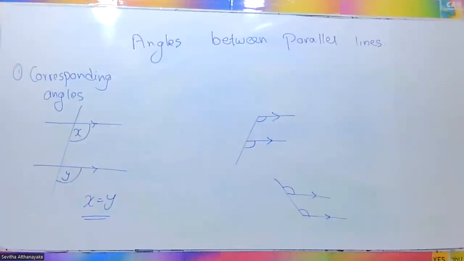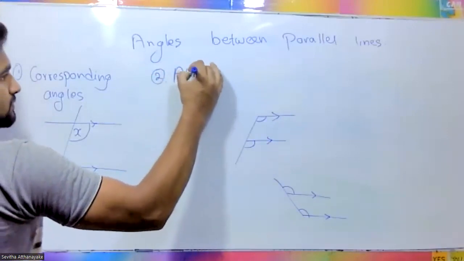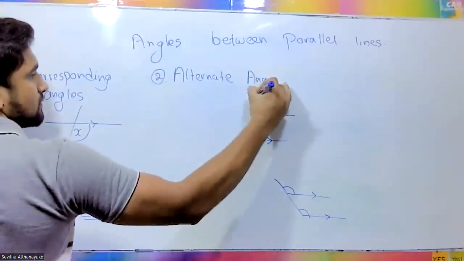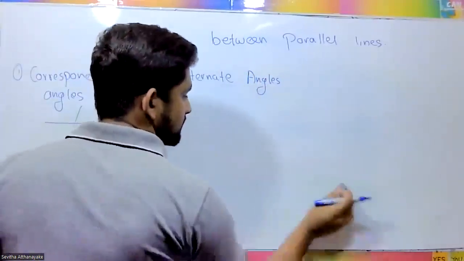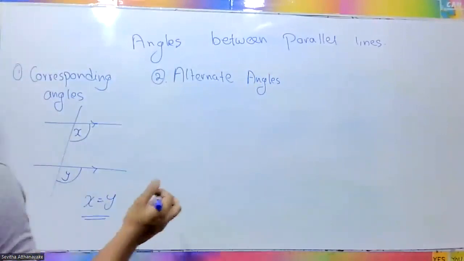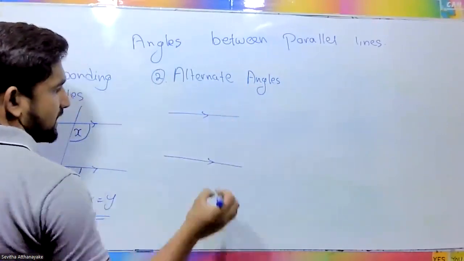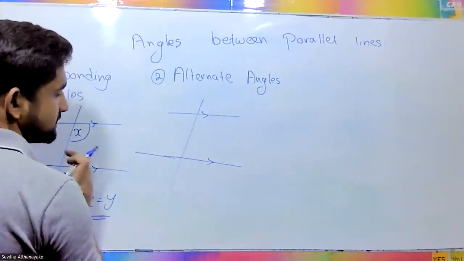Next one, alternate angles. Suppose we have two straight lines and one line like this.